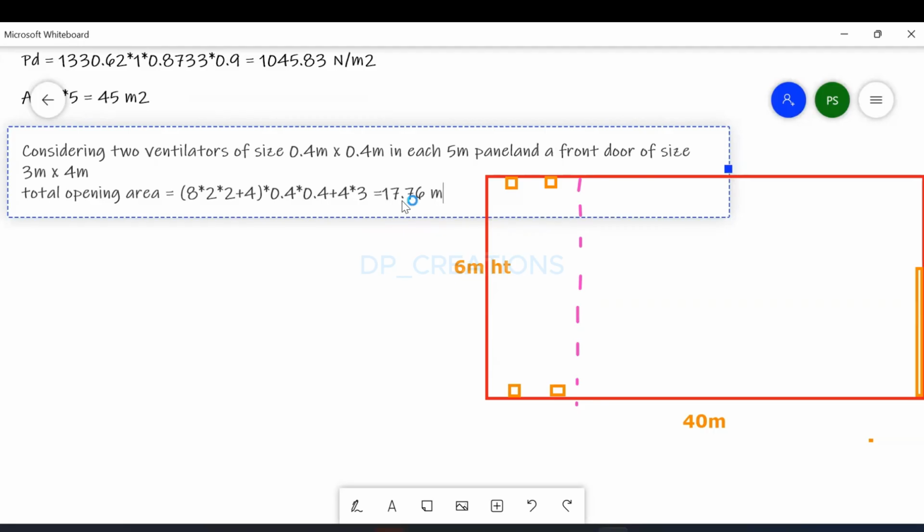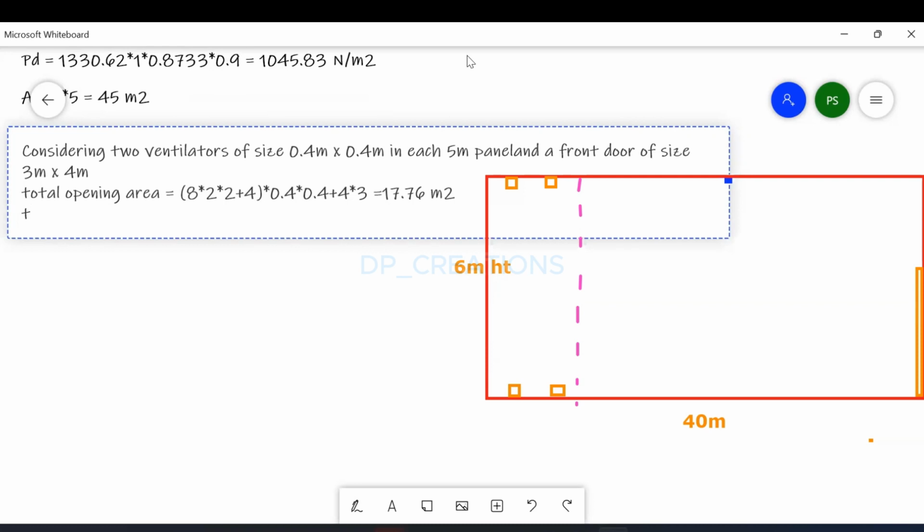17.76 meter square. Okay. Now, total area of the wall. Dimension is in front of you only. So span is your 9 meter. So wall area will be height into length. So 2 into bracket 40 plus 9. This is a perimeter into height is 6 meter.